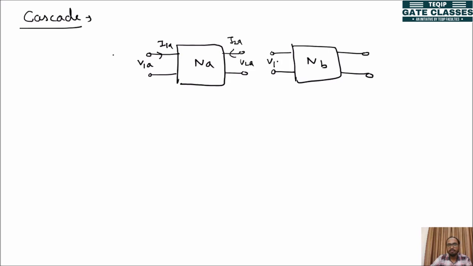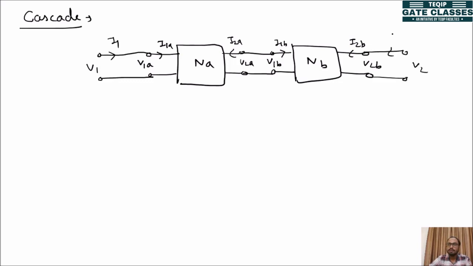Similarly, V1B, I1B, I2B, V2B, like this. In cascaded connection, they are connected back to back, so we will connect it like this. And finally the ports will be V1, I1, and here V2, I2.